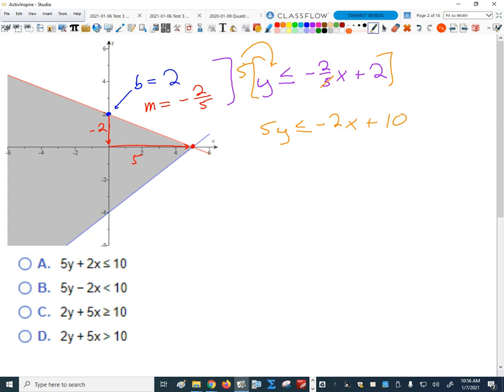Okay, we're getting there. I've just got to get it into standard form. What's the one other thing I've got to do to put this in standard form, Tony? Would you add a 2x? Add 2x to both sides. I've got to move that 2x over, don't I? So I'm going to add 2x to both sides.